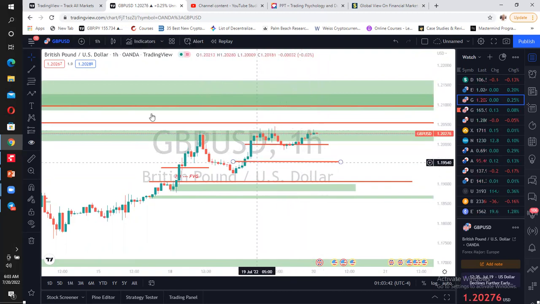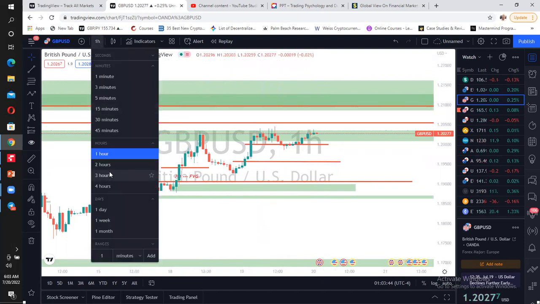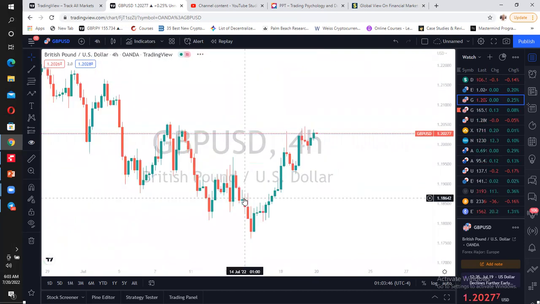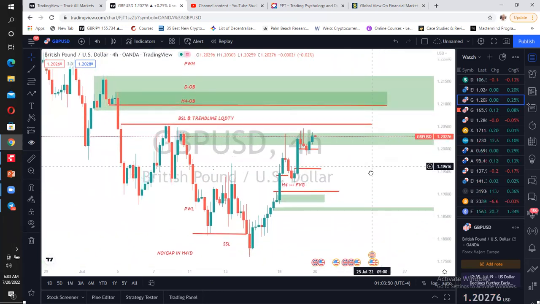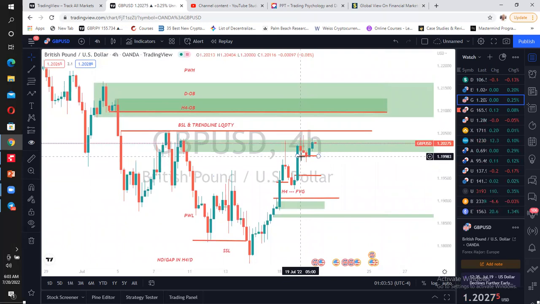Now, between here and here, we'll have an FVG. Let's go to 4 hours. Some students in my office yesterday, I was telling them about this, that once it comes into this place, they should take a buy. All right, and that is exactly what has happened. As you can see, it traded into this zone to go up.